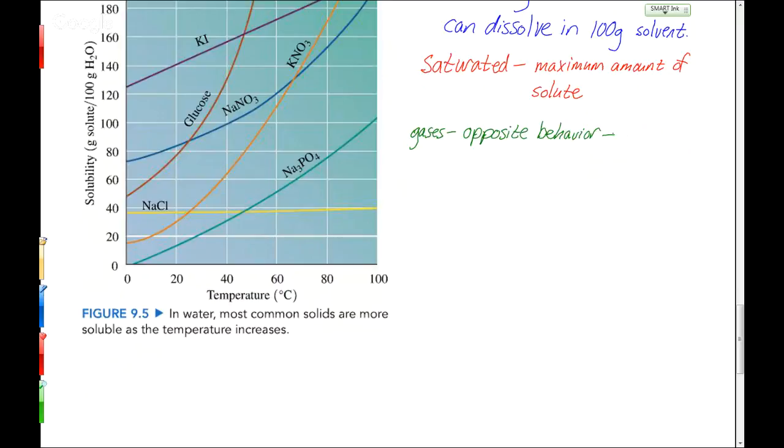And so that's showing the opposite thing here, that when a gas is dissolved in water, the higher temperature makes it less soluble, and the lower temperature makes it more soluble. So a gas is more soluble at a lower temperature.